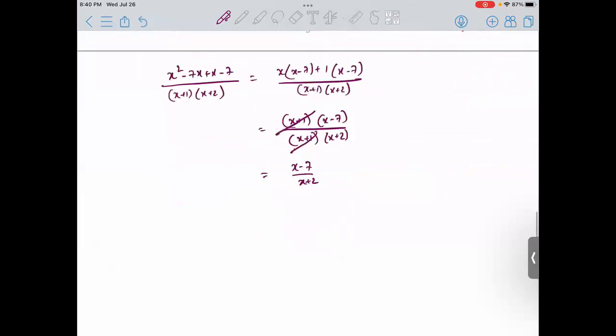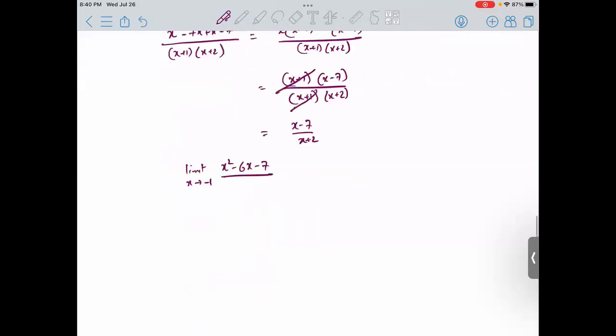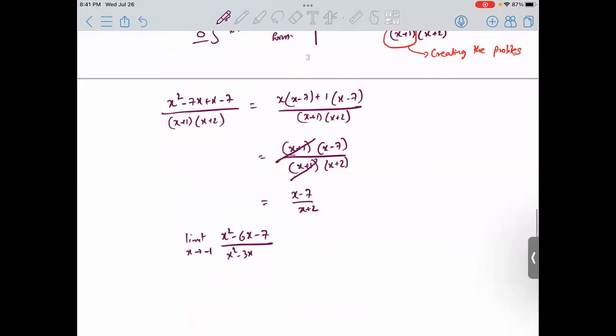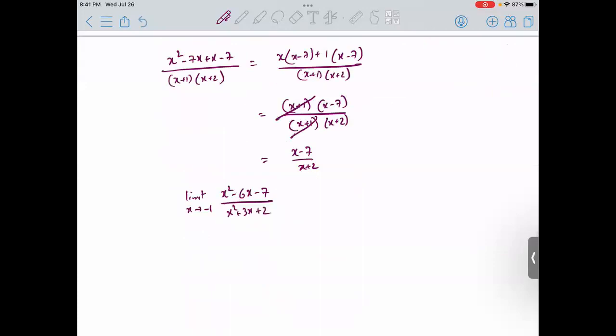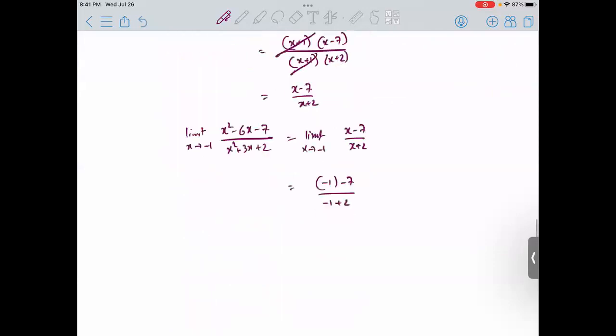We have limit x tends to minus 1, x square minus 6x minus 7 divided by x square plus 3x plus 2, which equals limit x tends to minus 1, x minus 7 by x plus 2. Now directly substitute: minus 1 minus 7 by minus 1 plus 2, that implies minus 8 divided by 1, which equals minus 8.